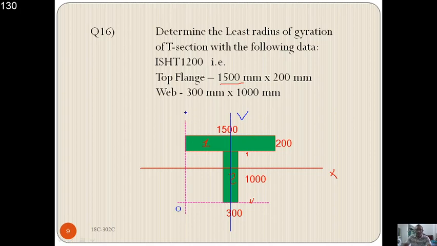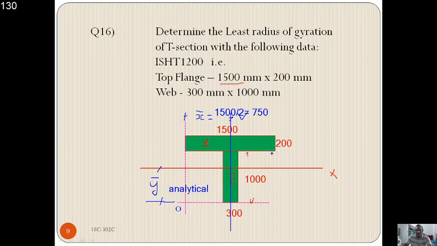Whenever you have symmetry, you can easily identify the corresponding value, that is x bar is equal to 1500 divided by 2, which is equal to 750. So x bar can be found out, whereas y bar, from this point to this point, cannot be found by a simple equation. To find the y bar, we need to use the analytical method.